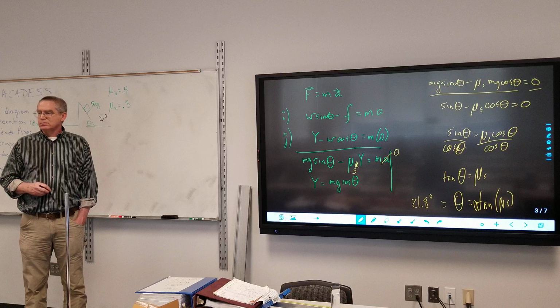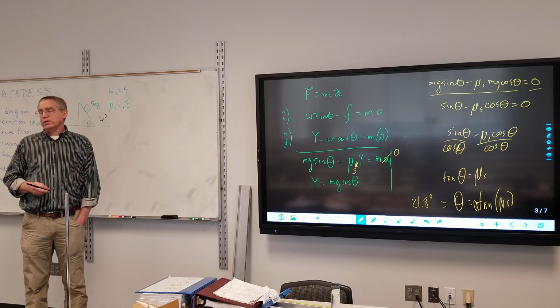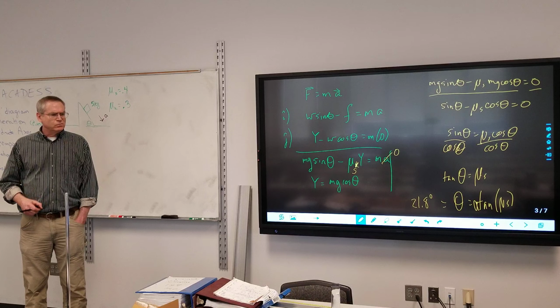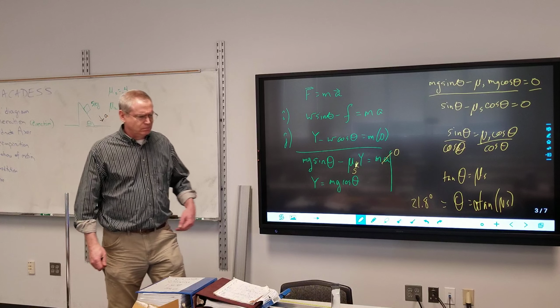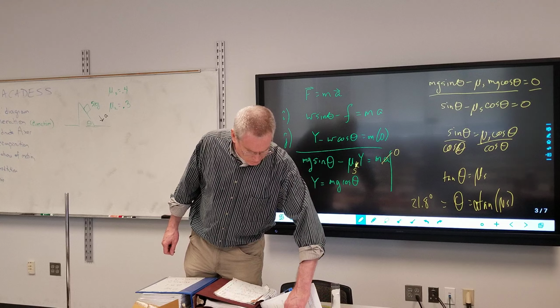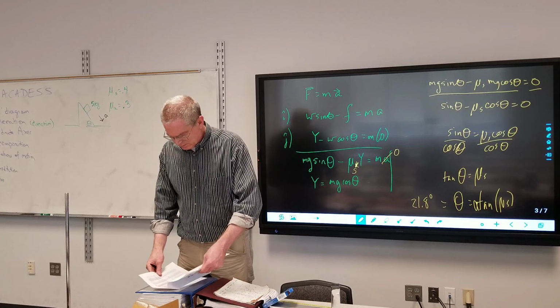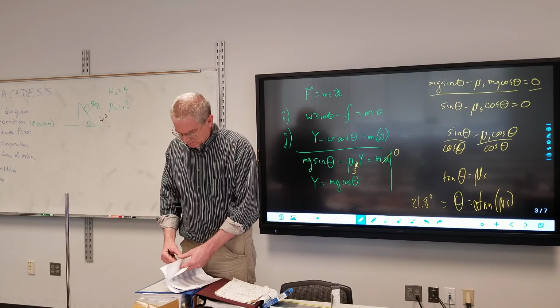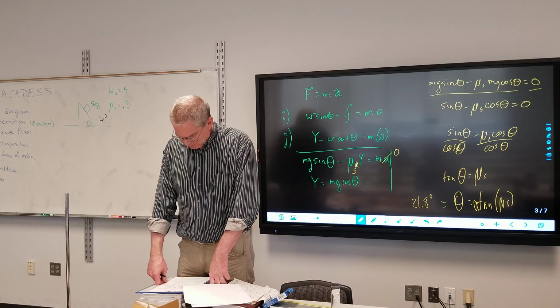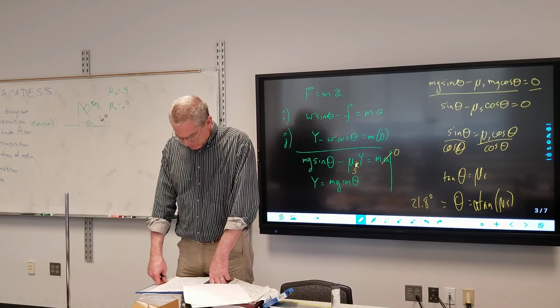What time do we leave the class? 4:50 is when we're officially done. Okay. I thought it was 4:40, at least on TechLink. Or student planning. I have 4:50 written down here.